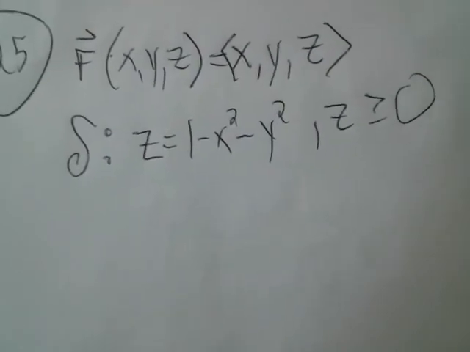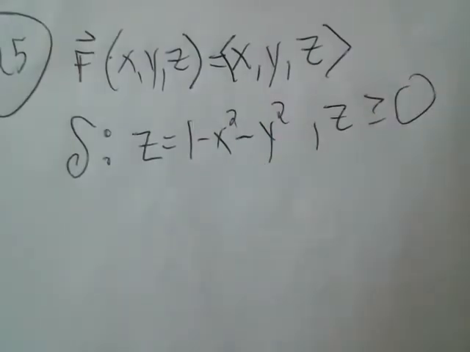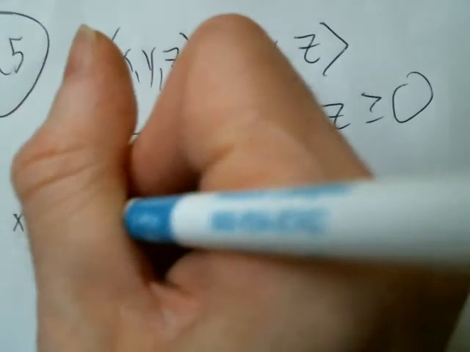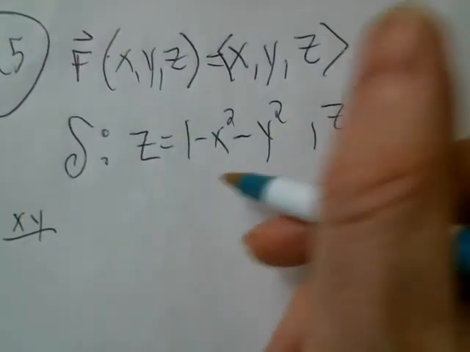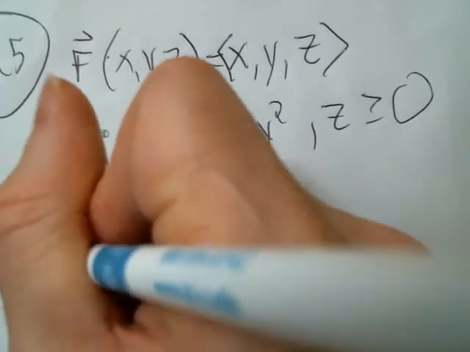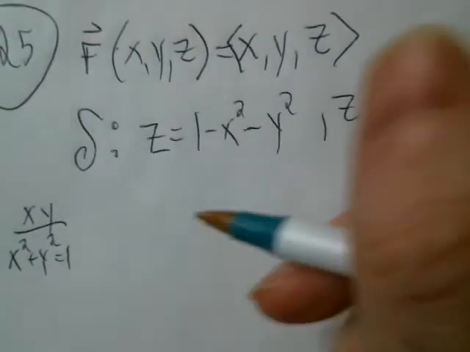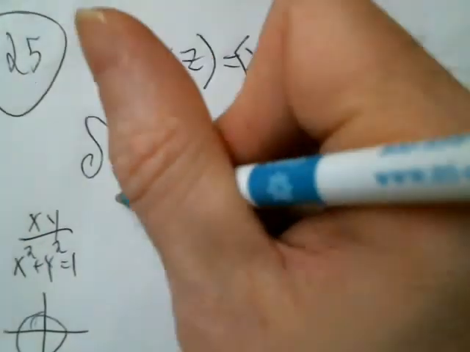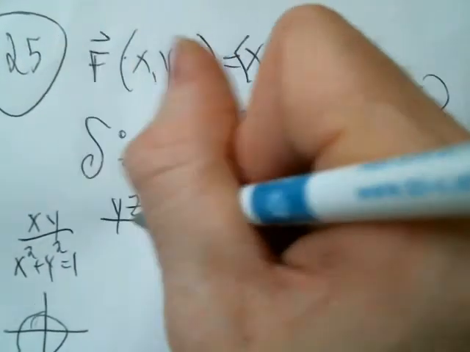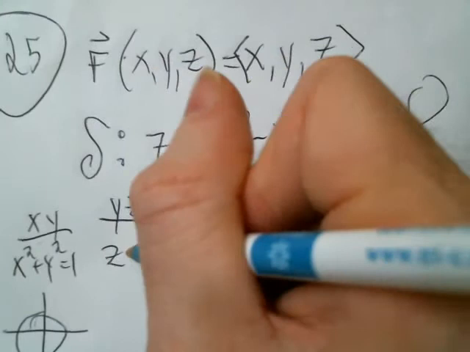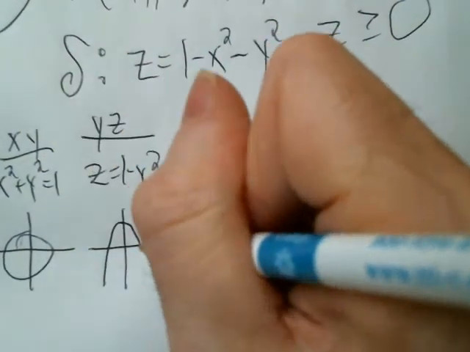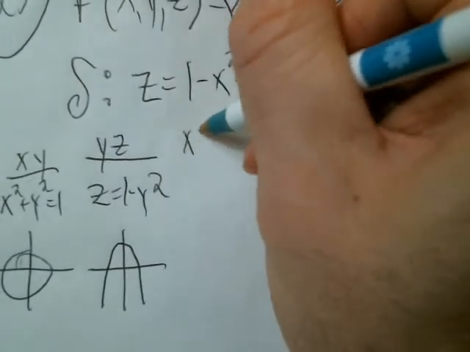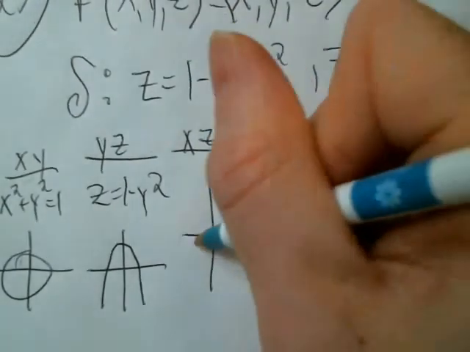So I need to figure out the region I'm integrating over. What is this thing, basically? If you think in chapter 11 terms, it's a quadratic surface. When z is 0, I get x squared plus y squared equals 1, which is just a circle with radius 1. And when x is equal to 0, you get z equals 1 minus y squared, which is just an upside down shifted parabola, and likewise for xz.